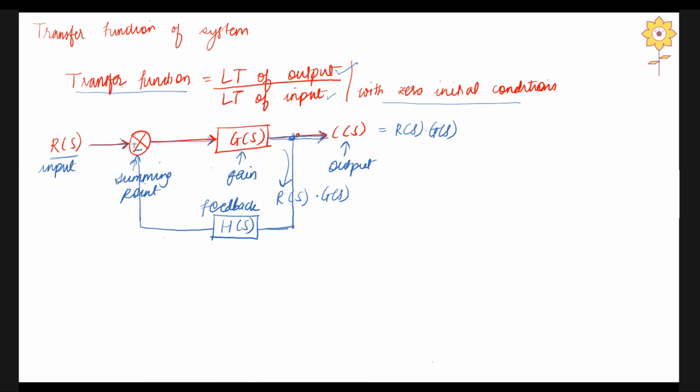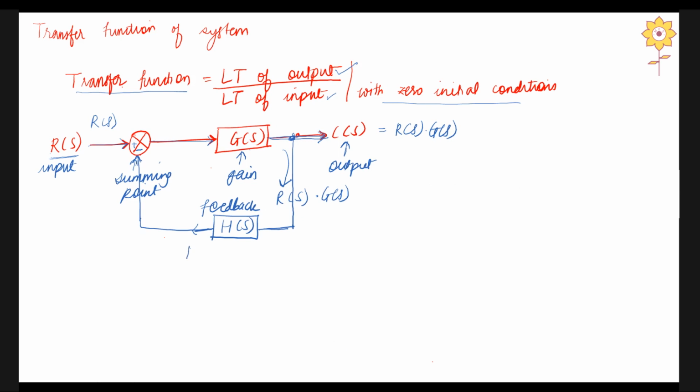Okay. So, now in this particular case there will be a few changes, because at this summing point along with this input R(S), we have one more input that is coming as feedback.